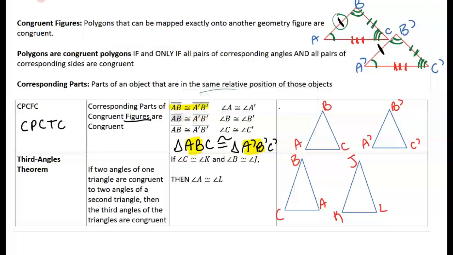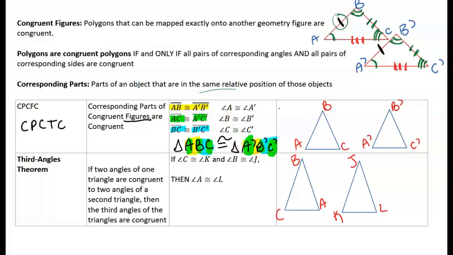And BC, those are the second two, would be congruent to B prime C prime. And AC, the first and last, would be congruent to A prime C prime, the first and last of this triangle.